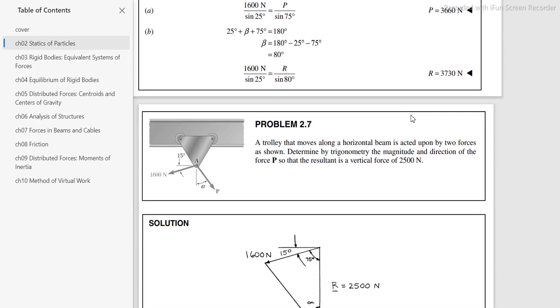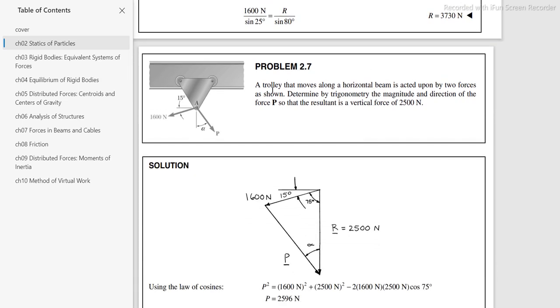Problem 2.7. A trolley that moves along a horizontal beam is acted upon by two forces, P and 1600 Newton.